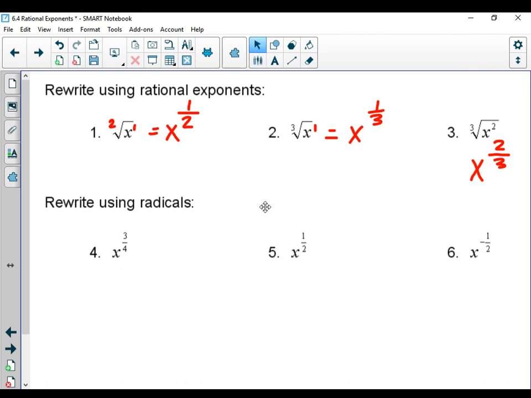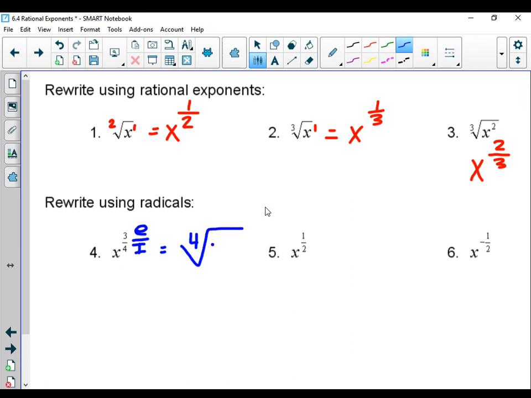Best way to learn something is you can do it forwards and backwards. So if I have my exponent over my index, this one I have the 4th root of x cubed. So go ahead and try the other two.